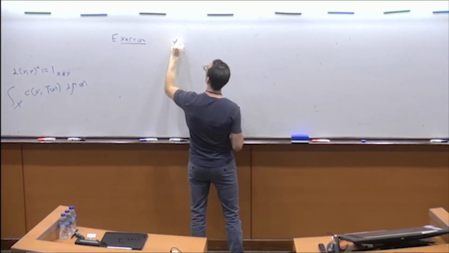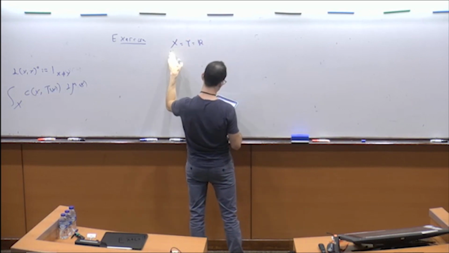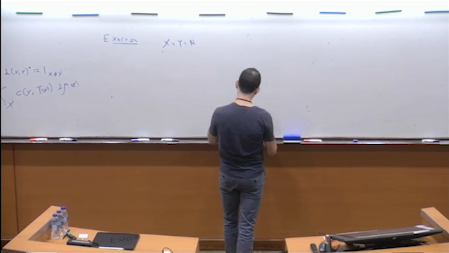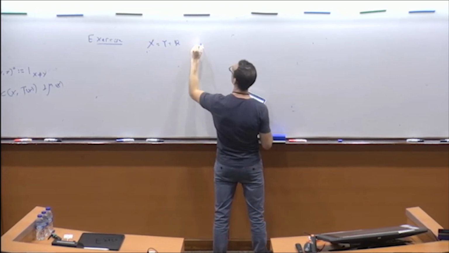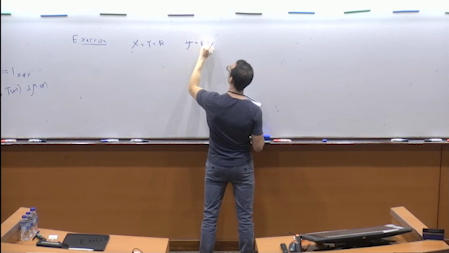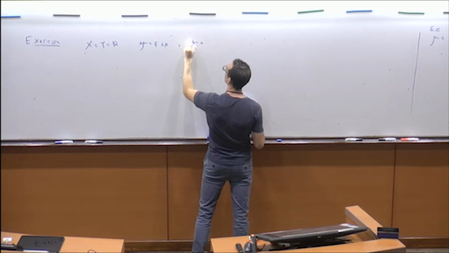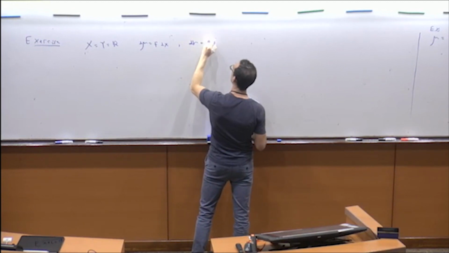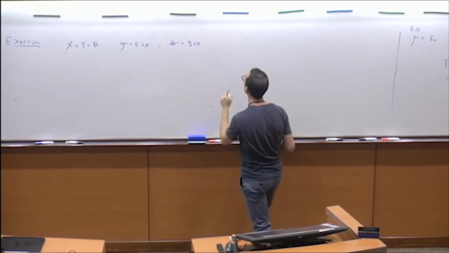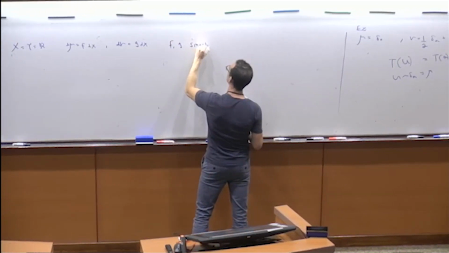So let's work in the setting of just R. And let's suppose that mu and nu are both absolutely continuous with respect to the Lebesgue measure, which means that they have densities. And you can assume that the densities are smooth. We're going to make them as nice as you want.